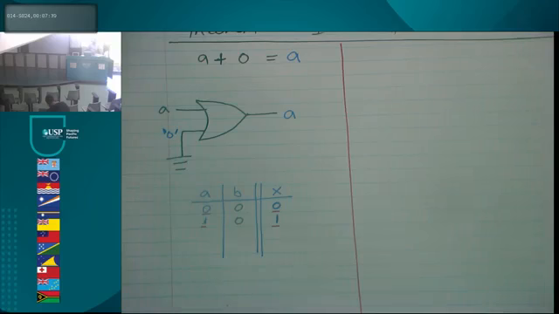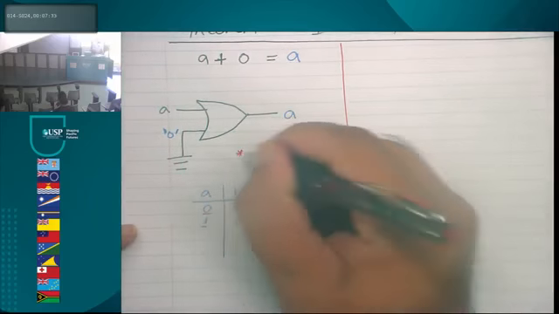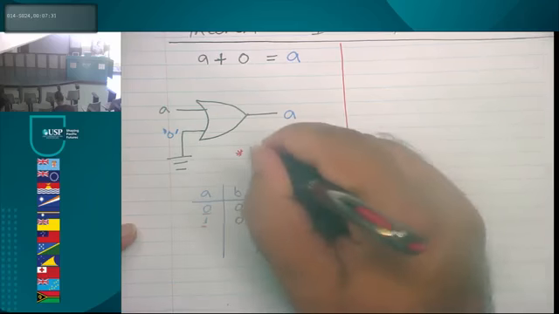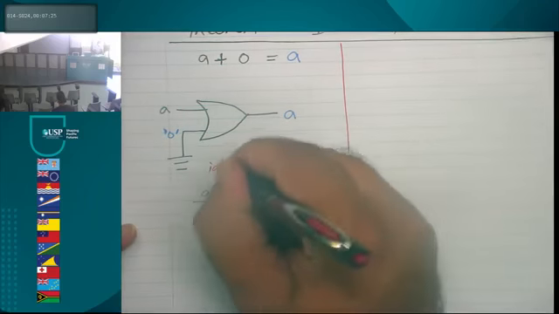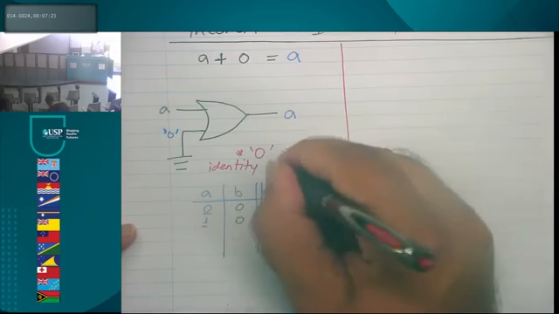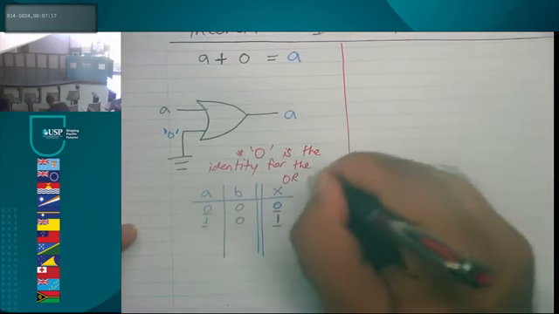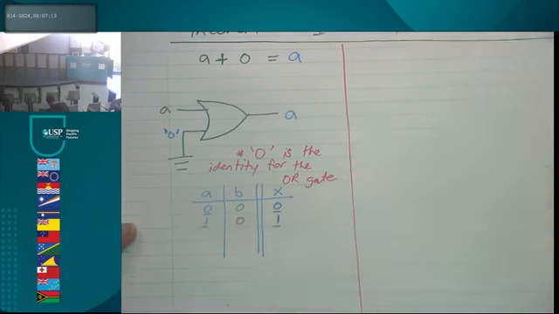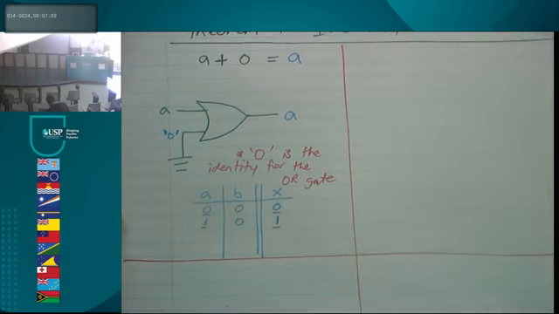We can say that 0 is the identity for the OR gate.